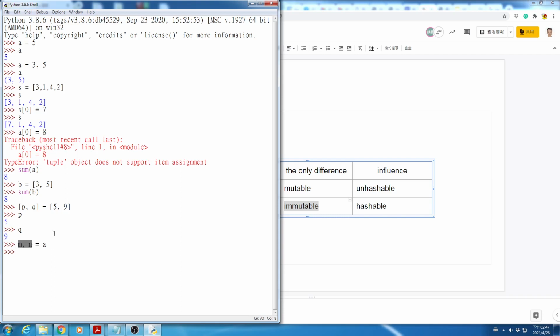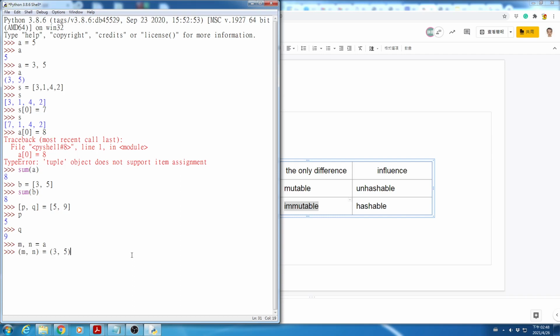Why is that? Because A is a tuple. A is a tuple of two values. Do you know what I'm talking about here? So when you do this, you are actually doing something like this. M, N is equal to 3, 5. Exactly the same thing.